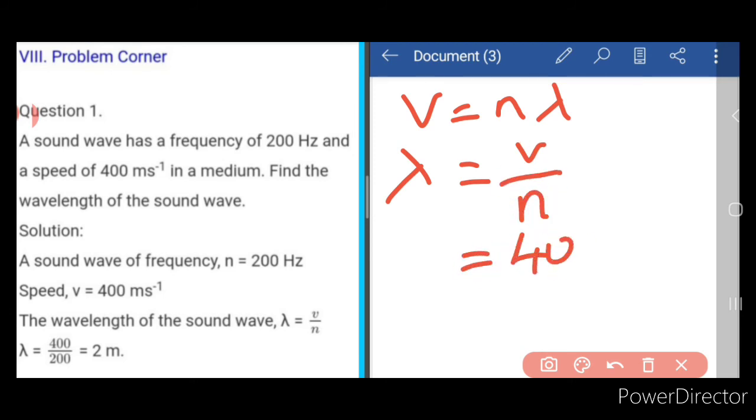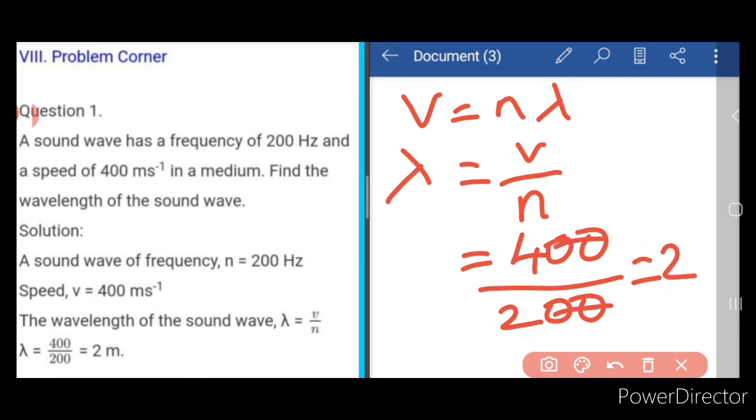V is equal to 400 meter per second divided by n is equal to 200 Hertz, right? So this will be equal to 2, right? So lambda, which is nothing but the wavelength, the unit is meter. So 2 meter is the wavelength of the sound wave. Now what will be the result? The wavelength of the sound wave is equal to 2 meter.